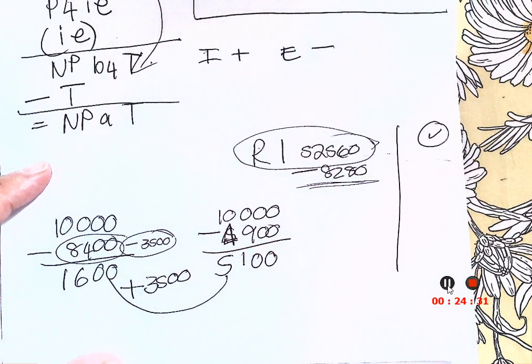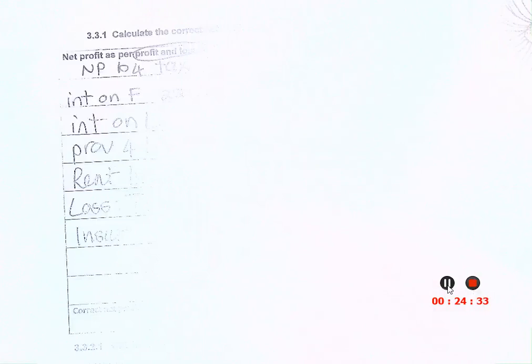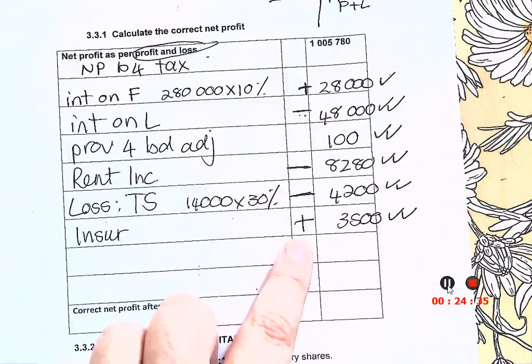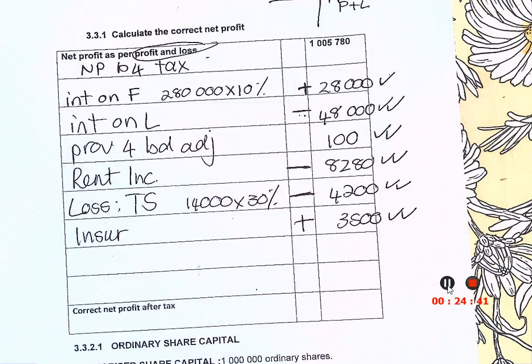Does that make sense? So you can see I added it back. Only the adjustment that I forgot to include when I did the income statement. So I minused too much, so I need to add back. Remember, this is the classic understated, overstated. So my insurance was overstated.